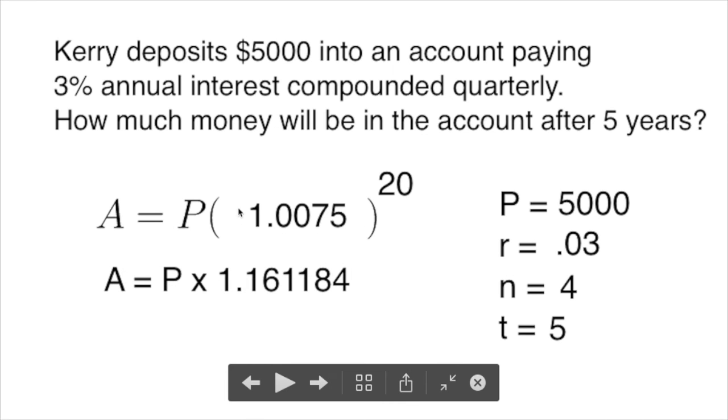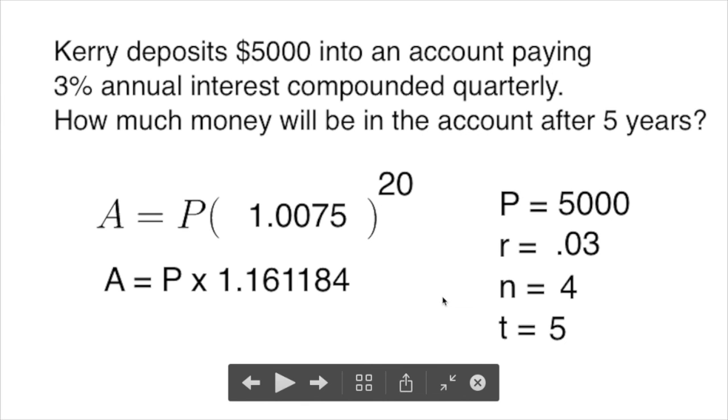So when I put this in a calculator, I got a really long number. I'm not going to write the whole thing, but here's what you need to remember. Don't do any kind of rounding, even a little bit, until the very end. So although I've rounded it when I wrote it down here, I didn't actually round it down. I found the answer, 1.0075 to the power 20, this really long decimal number.